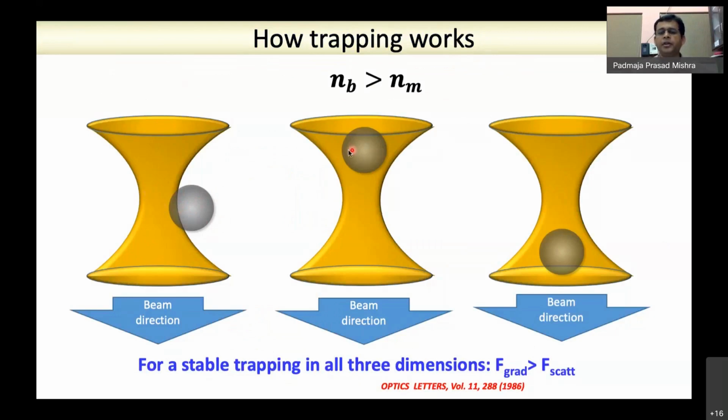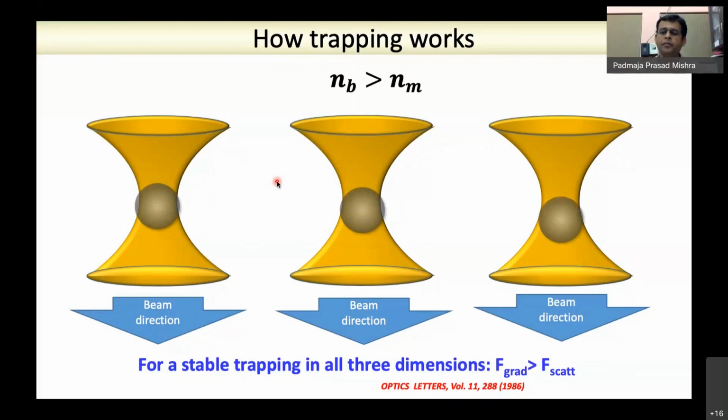If it is not at the focus, either. I have explained a case where the object is below the focus, but whether it is above the focus or below the focus, it will get trapped eventually.